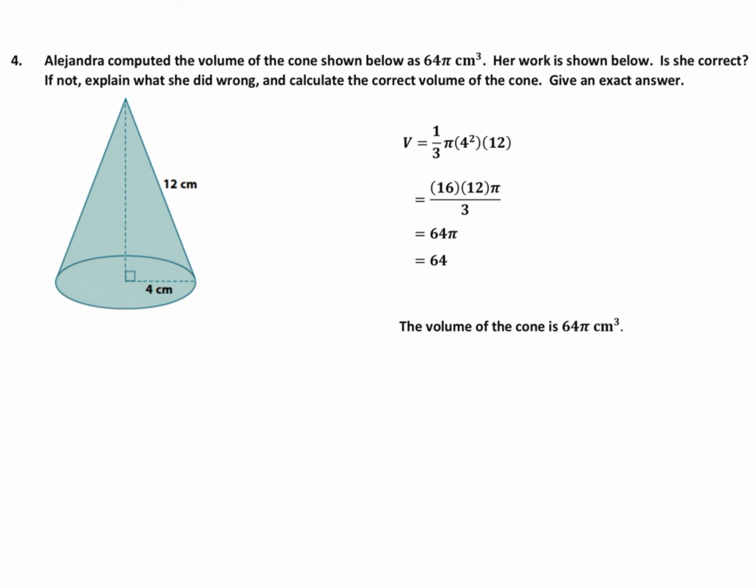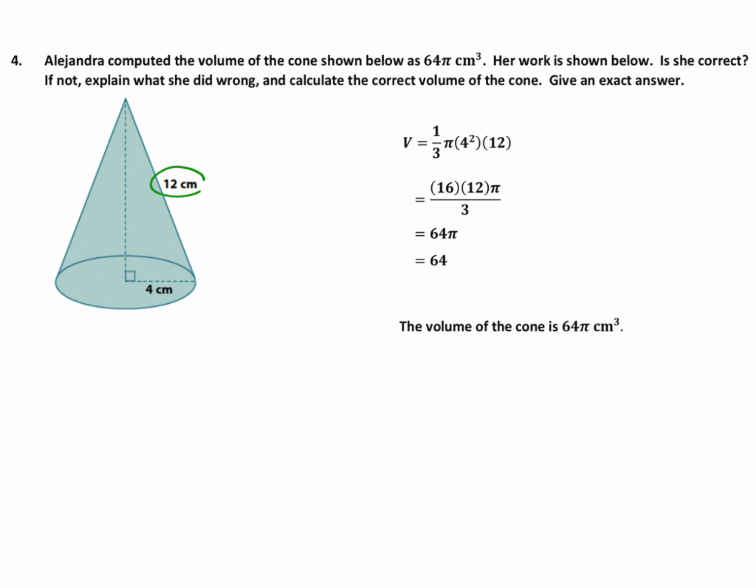So we have 1/3 pi r squared times h as our volume formula. But she used 12 in the height's position. The height is actually this line here.